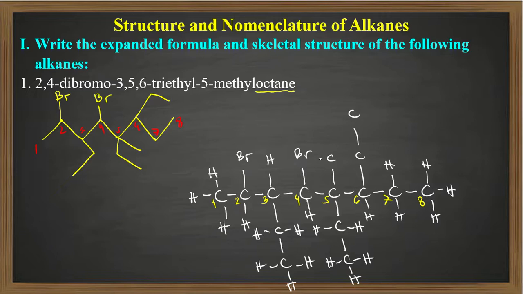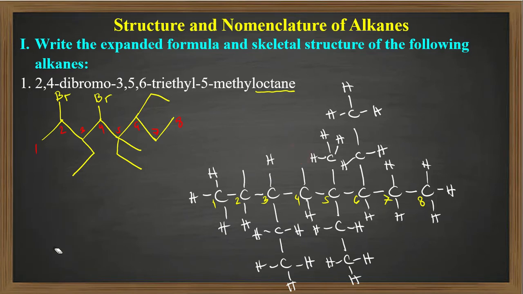And then this one here also has hydrogen. Basta kay na ay upat ka hydrogen or upat ka bond ang na-create kang carbon. So this is now the expanded formula ng ating 2,4-dibromo.